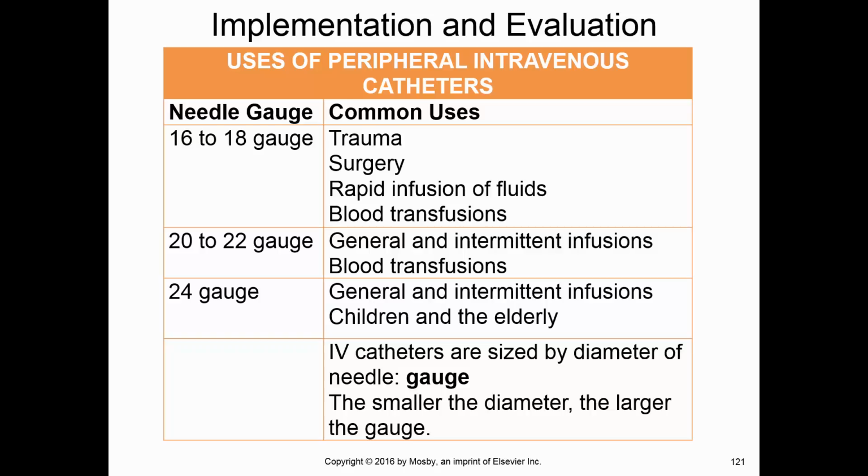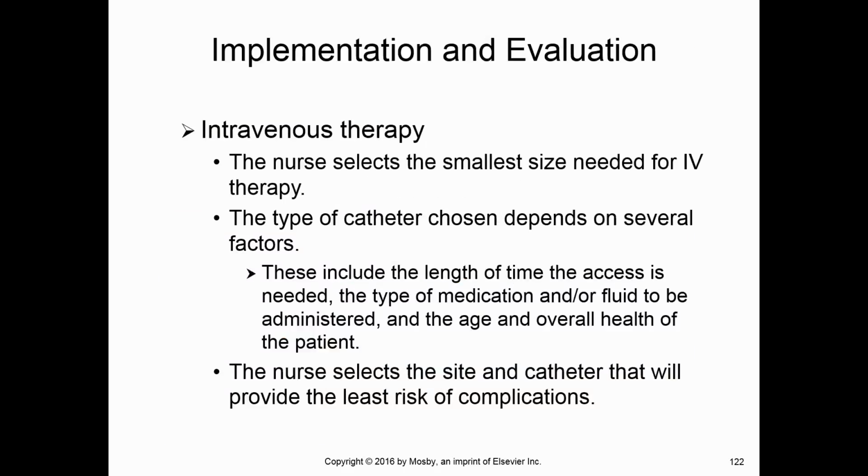And then a 24 gauge is what we would use on children, infants, and the elderly who have very tiny, frail veins. Okay, so we select the size of the IV we need.